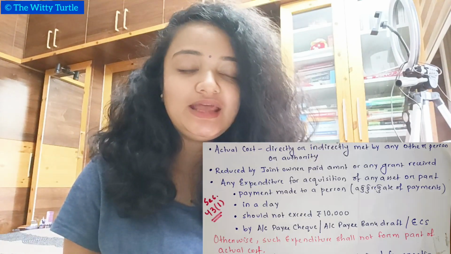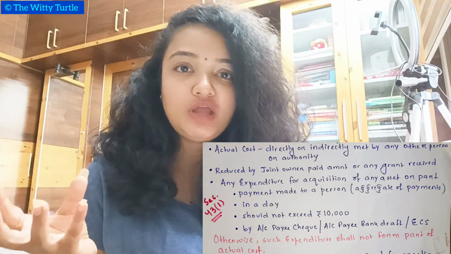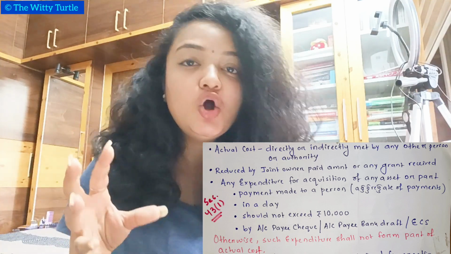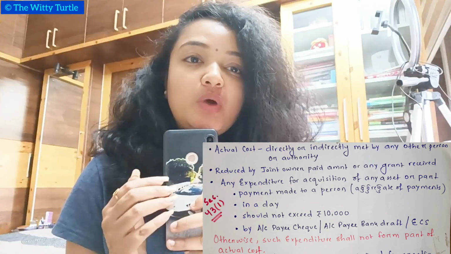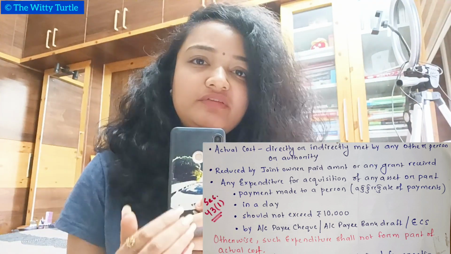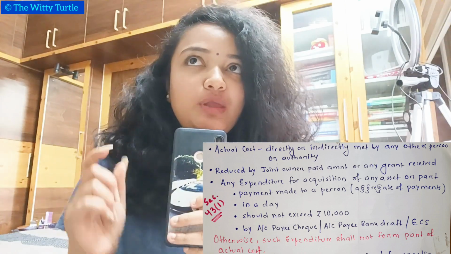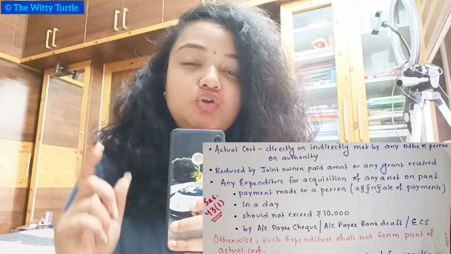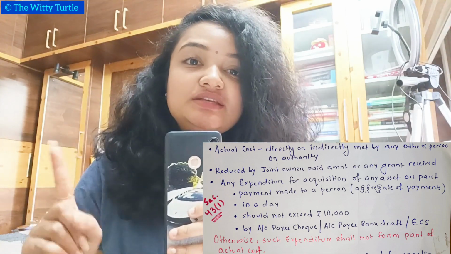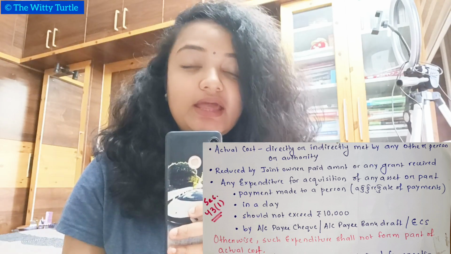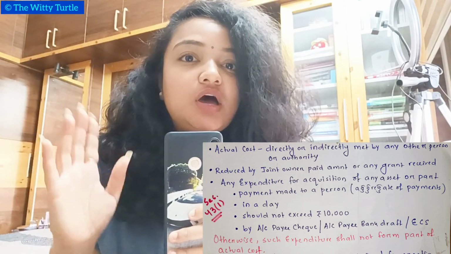Okay, so the next point is a proviso to section 43 clause 1, which you must have studied in your intermediate. It says that any expenditure incurred for acquisition of a particular asset or a part thereof, if I am making a certain amount of payment to one person in a single day, then it should not exceed 10,000 rupees.